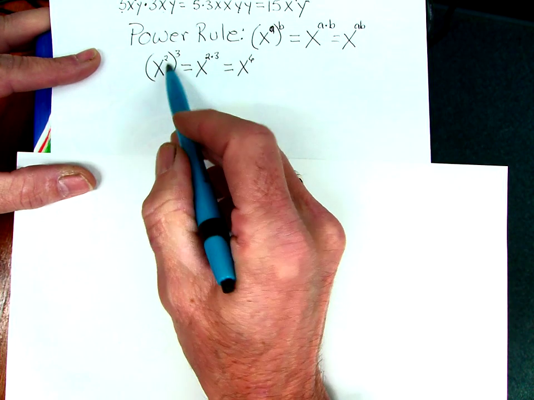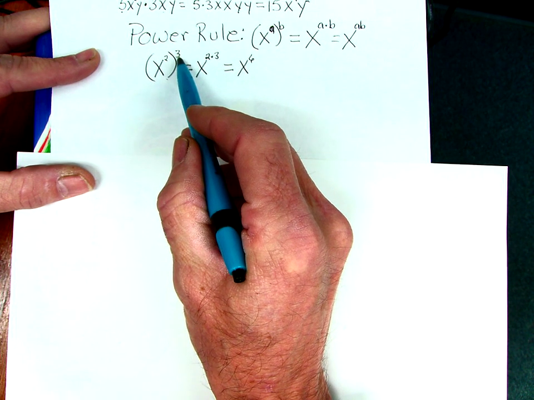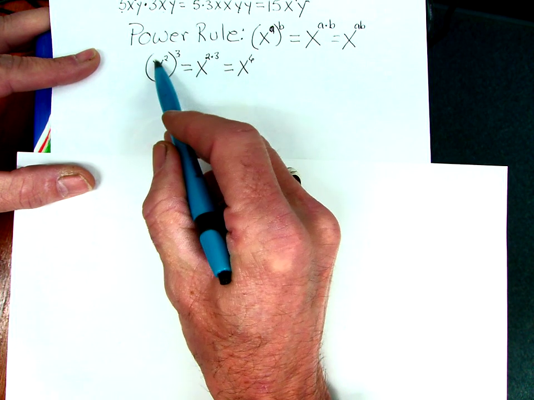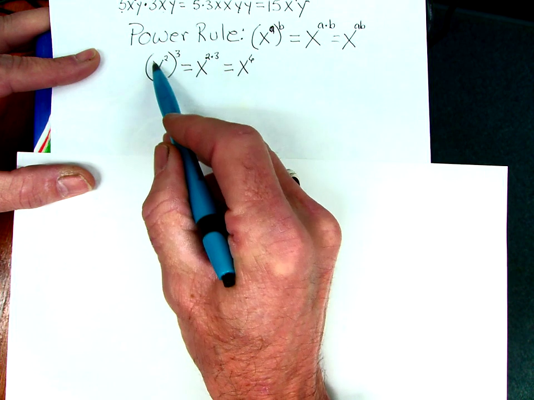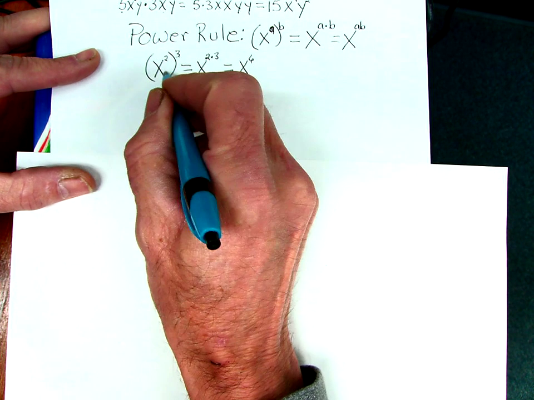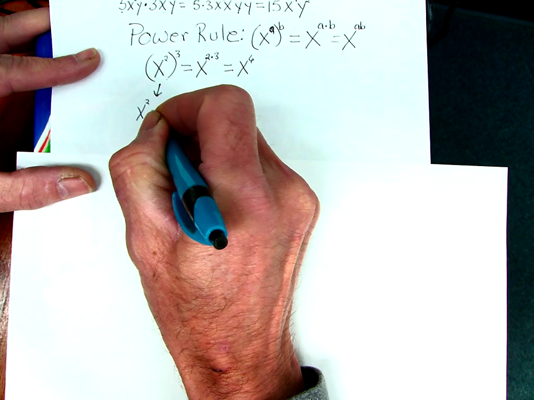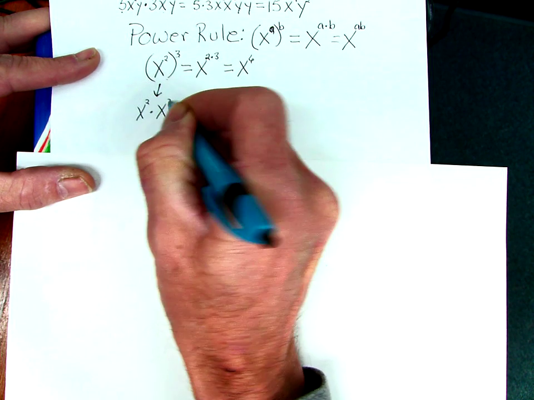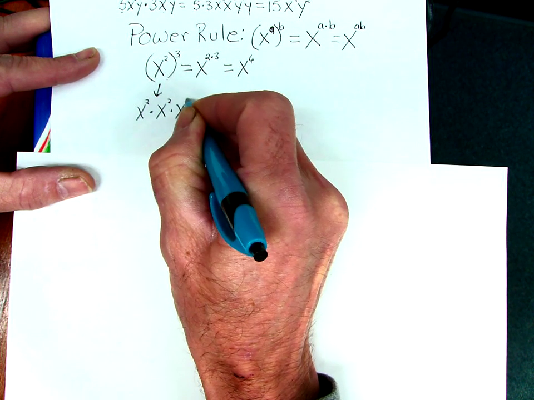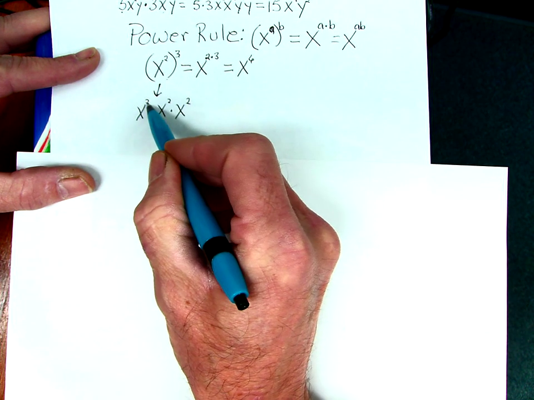What does this mean? We're going to start on the very outside exponent. What this means is you take this and you multiply it to itself this many times. So this means x squared times x squared times x squared. And what does this mean?